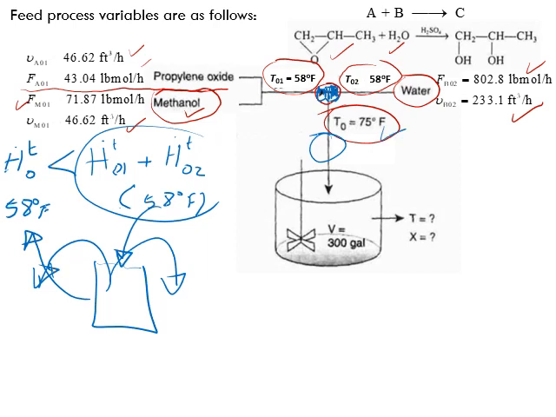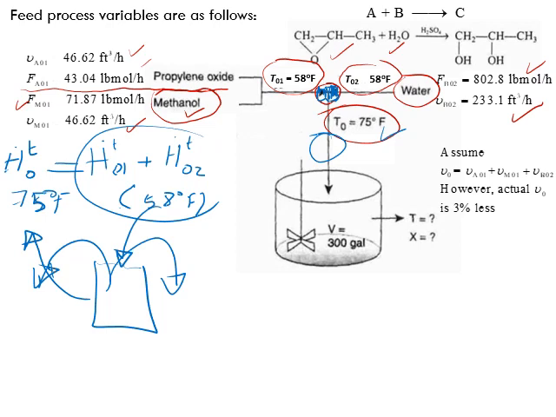Okay, and now that this mixture, which is stream 0, is at 75 degrees Fahrenheit, now the enthalpies are equal. Okay. Tayyib, again, this is due to the formation of a non-ideal solution. What next?